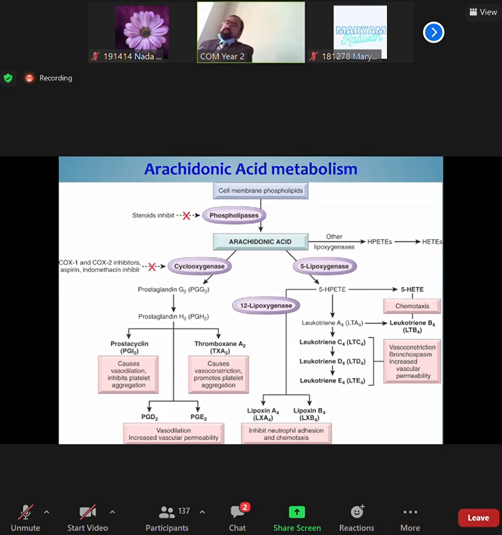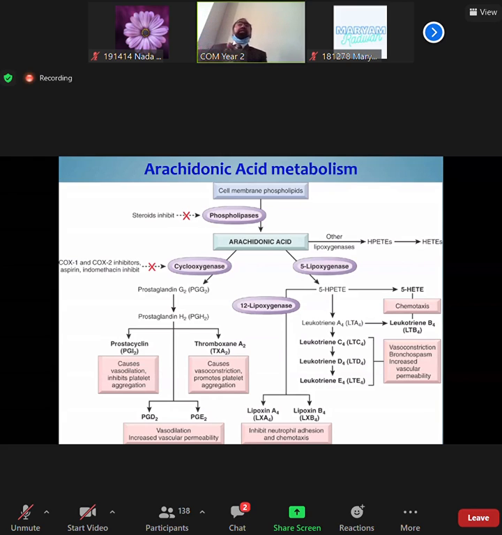The cyclooxygenase pathway usually secretes prostaglandins, mostly. In prostaglandins, the important one is prostacyclin, which is PGI2. This causes vasodilation and inhibits platelet aggregation. So it is just opposite to thromboxane A2, which is another prostaglandin that causes vasoconstriction and promotes platelet aggregation, right?